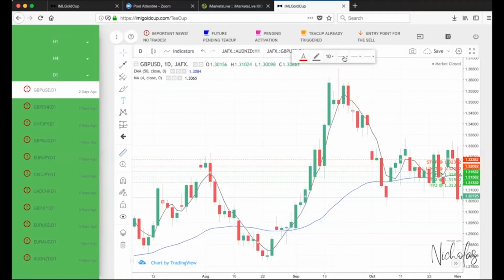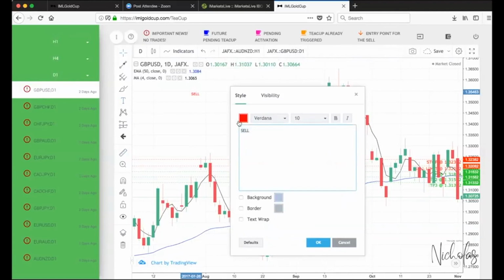Let's talk lot sizes. If I'm trading at 10 cents a pip, and let's say I go 25 pips. Now, you guys remember, when you're trading USD, if you have a lot size of 0.01, how much is that in USD?